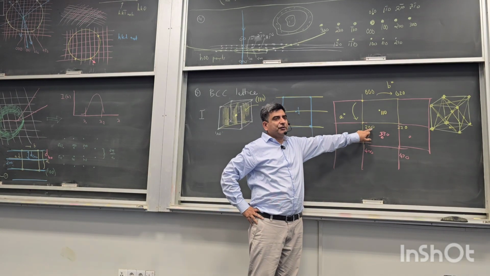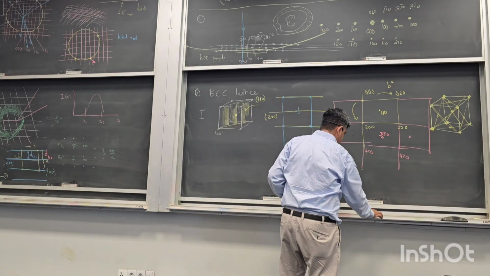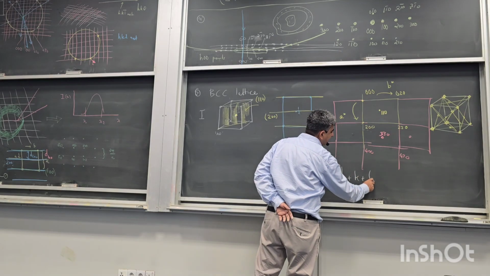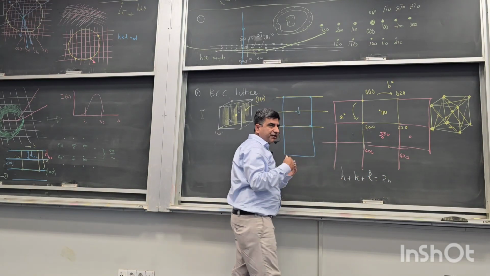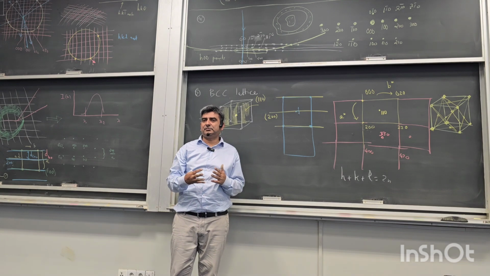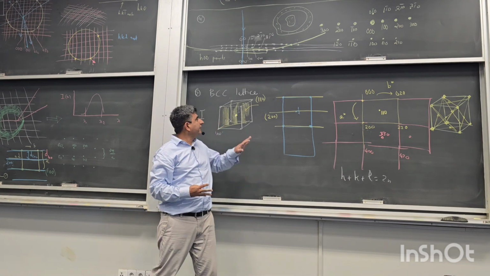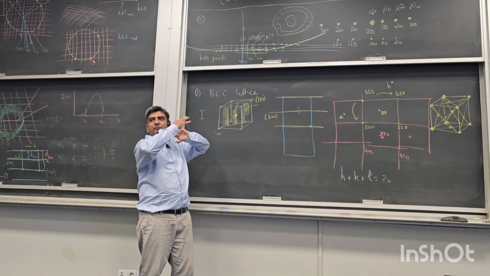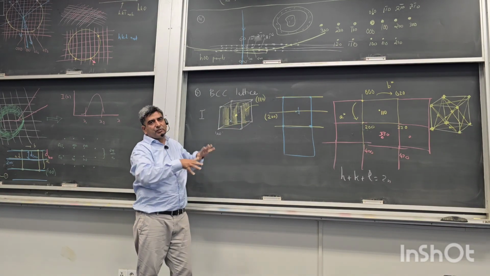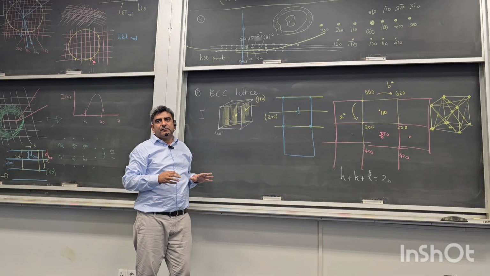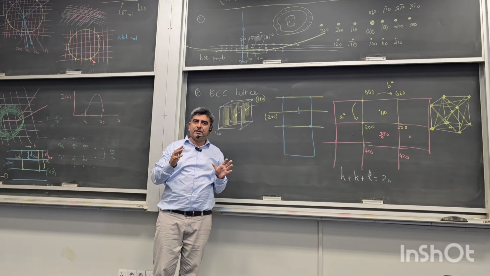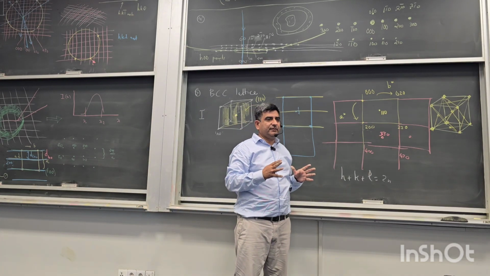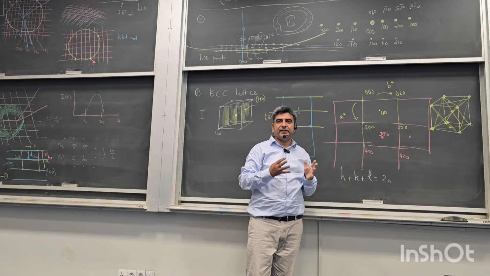Right? 2, 0, 0, the sum is even. So H plus K plus L, if it's even, a reflection is possible. If I have a body-centered lattice, no matter what the motif is, no matter what kind of atoms are juxtaposed on the body-centered lattice, from a diffraction perspective, I can get peaks or scattering only from planes when H plus K plus L is an even number.